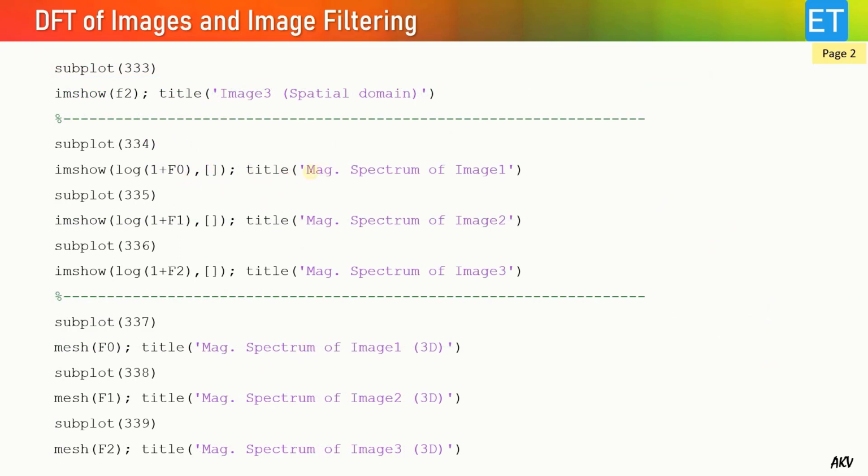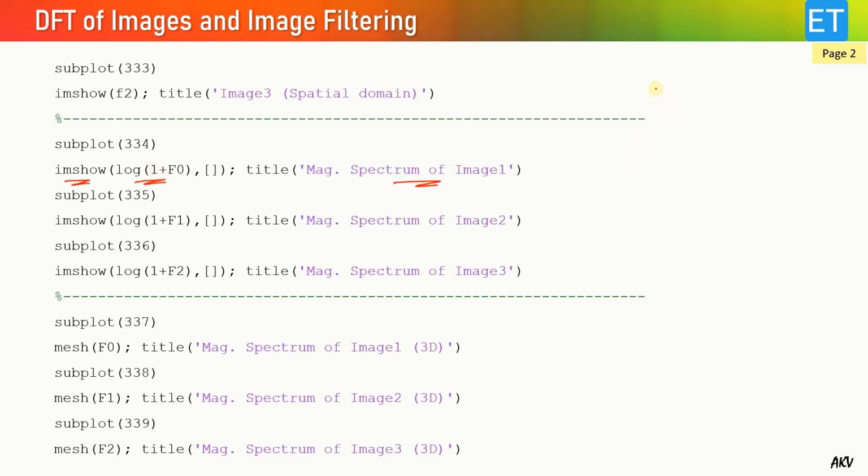And here you can see that we are plotting the spectrum of each image, image 1, image 2 and image 3. For plotting I'm using the imshow function, but not directly putting f0, that means the spectrum. I'm actually using log of 1 plus f0. Why am I using it?